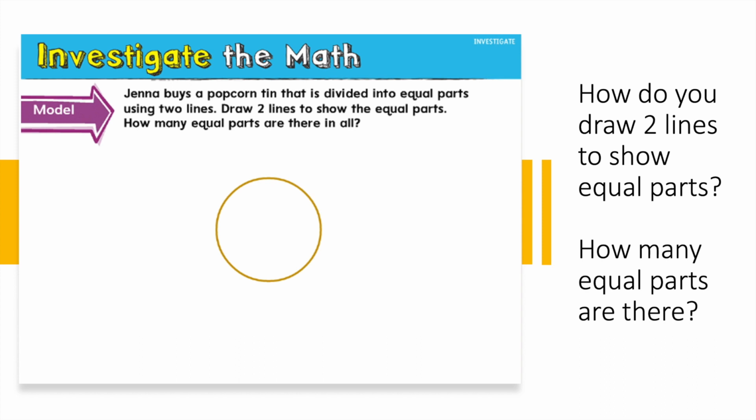Let's investigate the math. Jenna buys a popcorn tin that is divided into equal parts using 2 lines. Draw 2 lines to show the equal parts. How many equal parts are there in all? Let's think. How do you draw 2 lines to show equal parts?